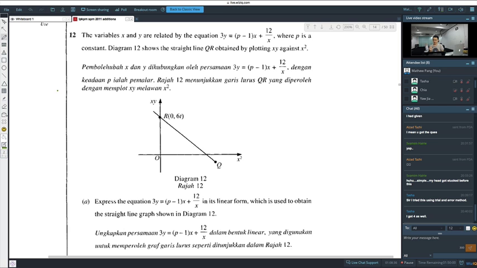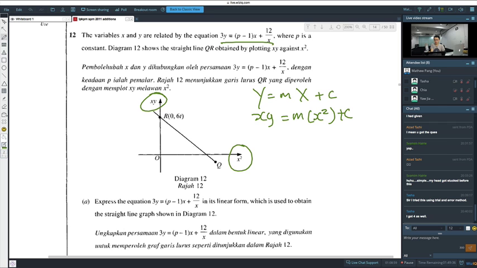In order to make this expression into the straight line form, we must follow the things here. A straight line is always y equals mx plus c. But in this case, my y is xy and my x is x squared.